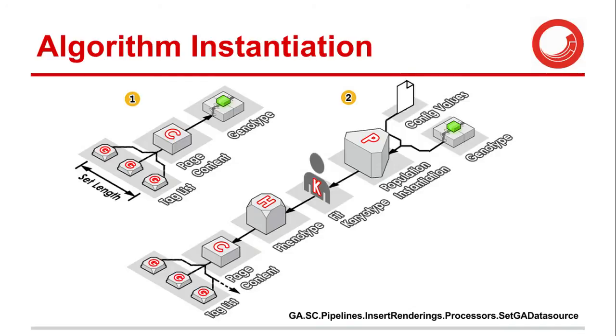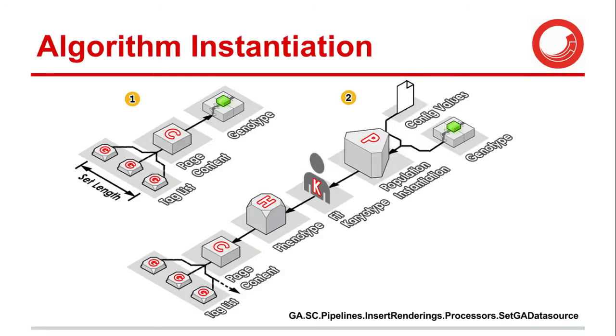It creates a genotype object for page content, so it has one chromosome called page content, and then it sets the length to 8, which is what I had, and then it populates that. It creates a tag gene object for every tag in the folder that I have, and it sets the ID to the name of that tag.